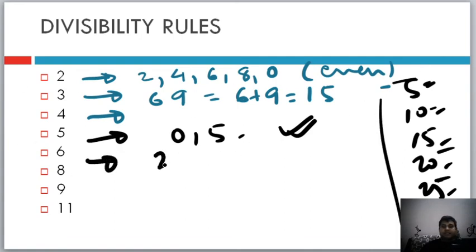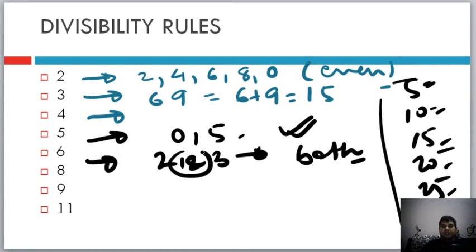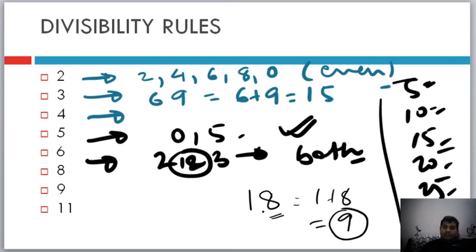6 is basically if the number is divisible by 2 and 3 both. The 'and' is important here. Okay, it's not that if it is divisible by one of these two then it works, not like that. It has to be divisible by both. So let's take for example 18. 18 is divisible by 2 obviously because the last digit is 8, and 1 plus 8 is 9, so it's divisible by 3 also, which means that 18 is going to be divisible by 6.